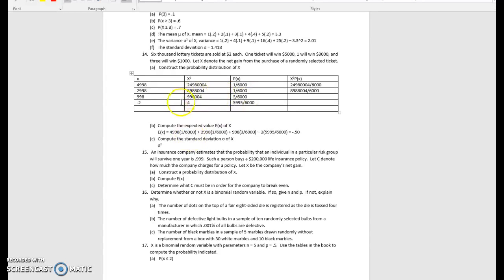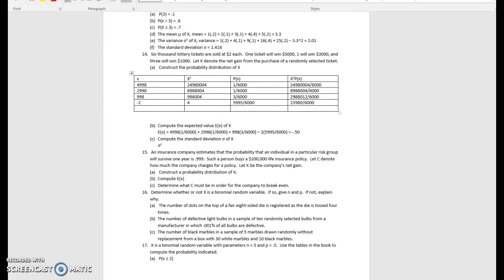Now here we'll have to multiply the 996,004 times the 3 on top, which will give us 2,988,012 over 6,000. And then finally, if we multiply the 4 that we have in this last row times the 5,995, we're going to have 23,980 over 6,000.